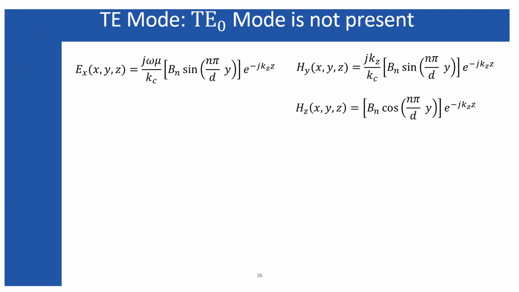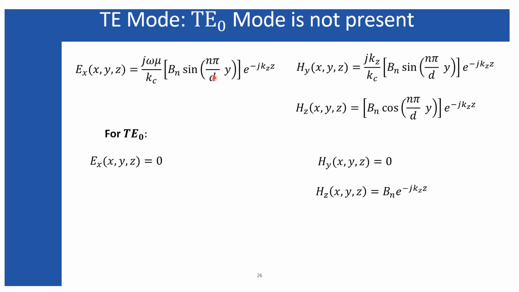Unlike the TM0 mode, a TE0 mode cannot be present for the parallel plate waveguide, because if you put TE0, that means n equals 0, so that will make this Ex component 0. Previously we have seen that Ez was 0 because I'm considering the TE mode, so the electric field must not be along the propagation direction, and Ey is 0 due to the del x variations.